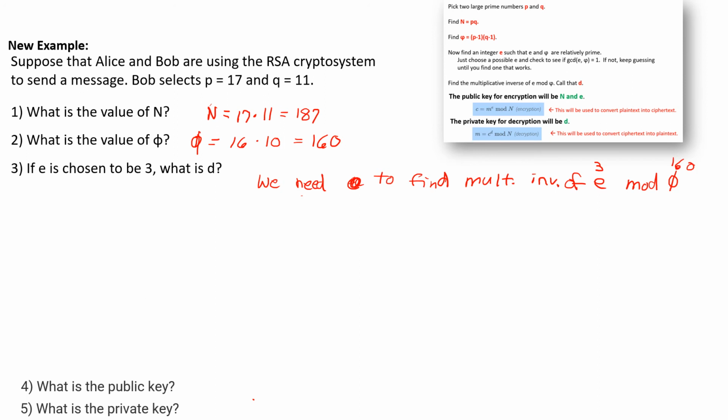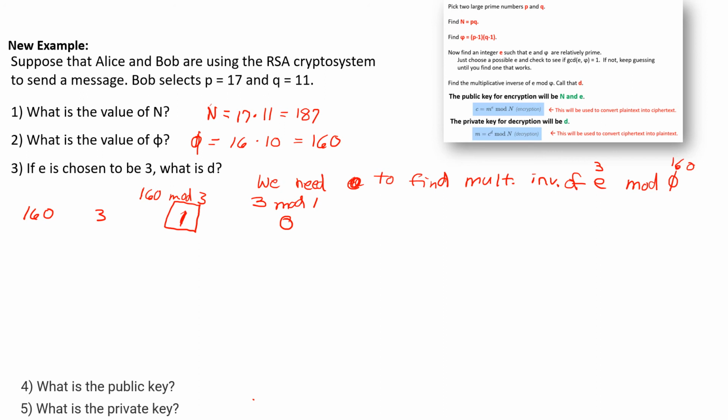Remember, we start with the largest one first, so we have 160 and then 3. Then we take 160 mod 3, we get a 1. Then one more step, 3 mod 1, we get 0. So once we get 0, we step one back, and that is our GCD, and that's a 1.